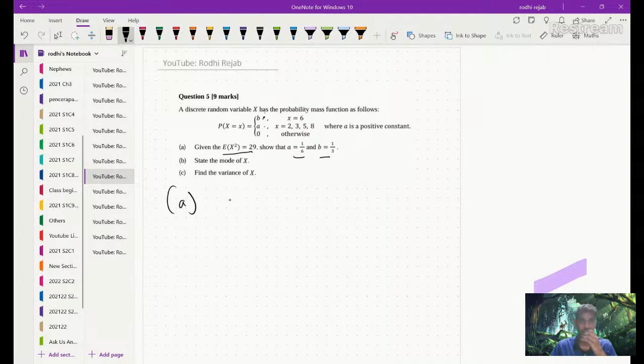First, we should write down the table to make it more easily. So 2, 3, 5, 6, and 8. So from here we know 2, 3, 5, and 8 is A. Let me write this down more clean. 2, 3, 5, 6, 8.